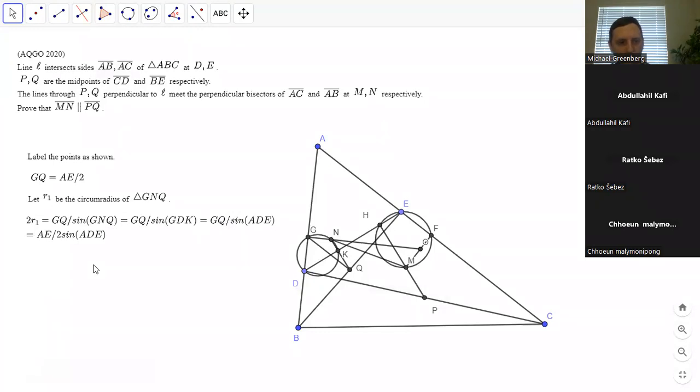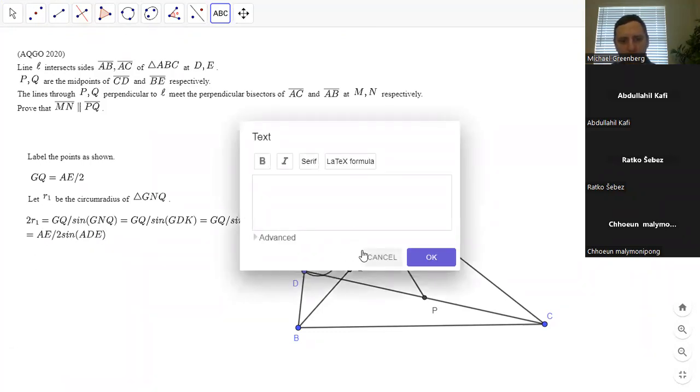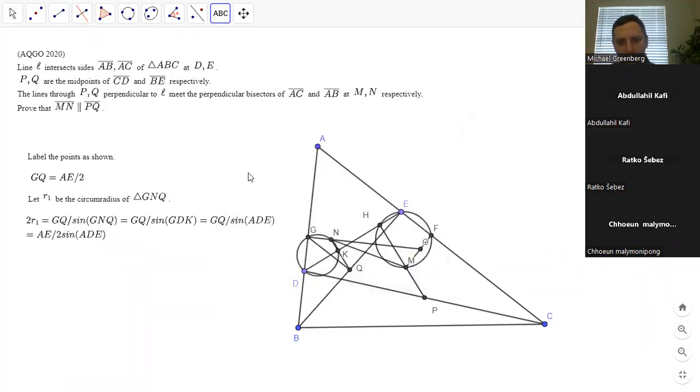All right. And then similarly, let R2 be the radius of FMP.